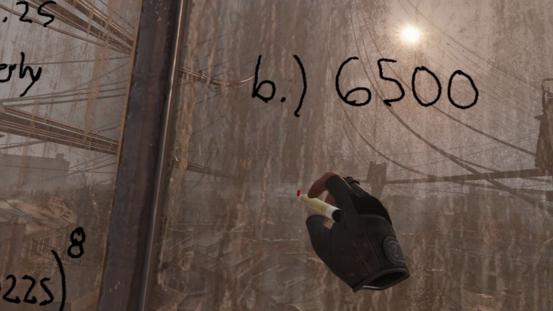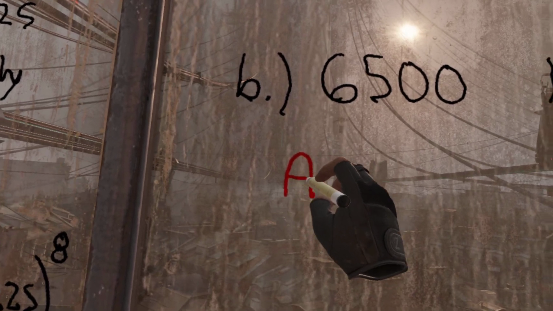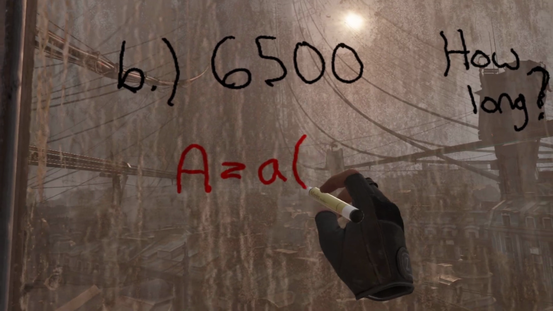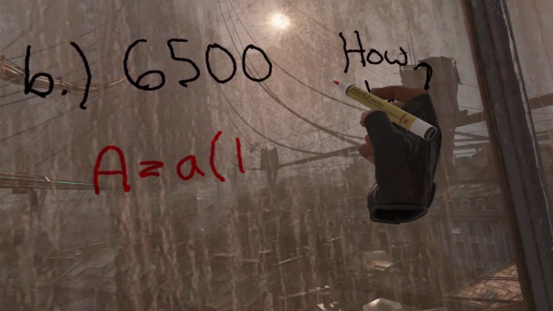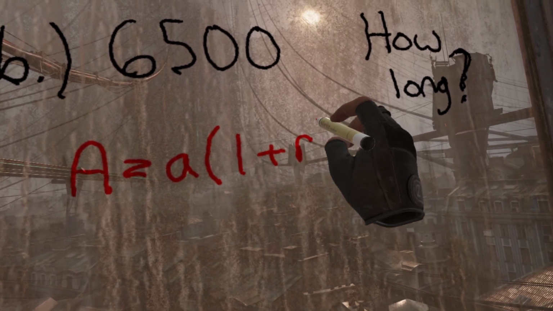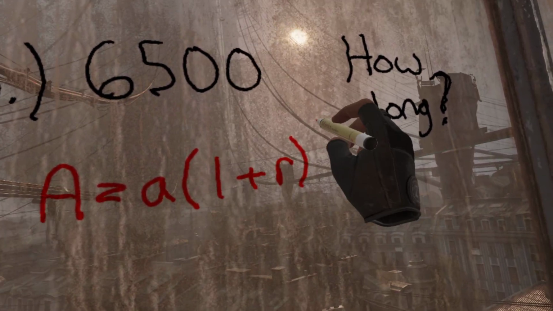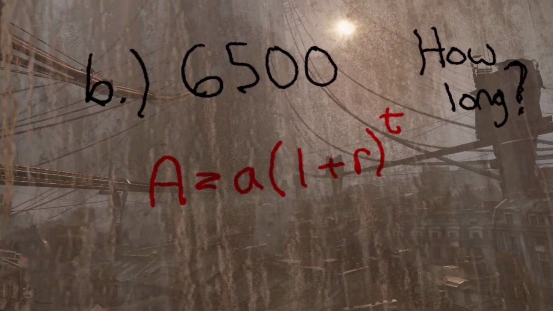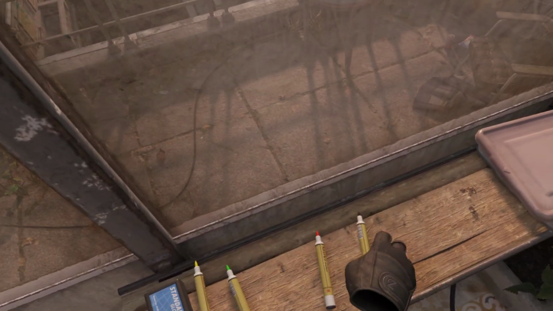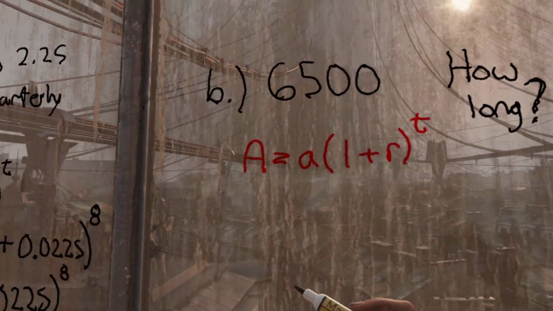So my formula is still going to be big A equals little a times 1 plus the rate. Now this is a growth situation, right? So we're going to add the rate. We're growing here, not shrinking, to the t. And I'm just going to use that formula again, and we're going to write in what we know.